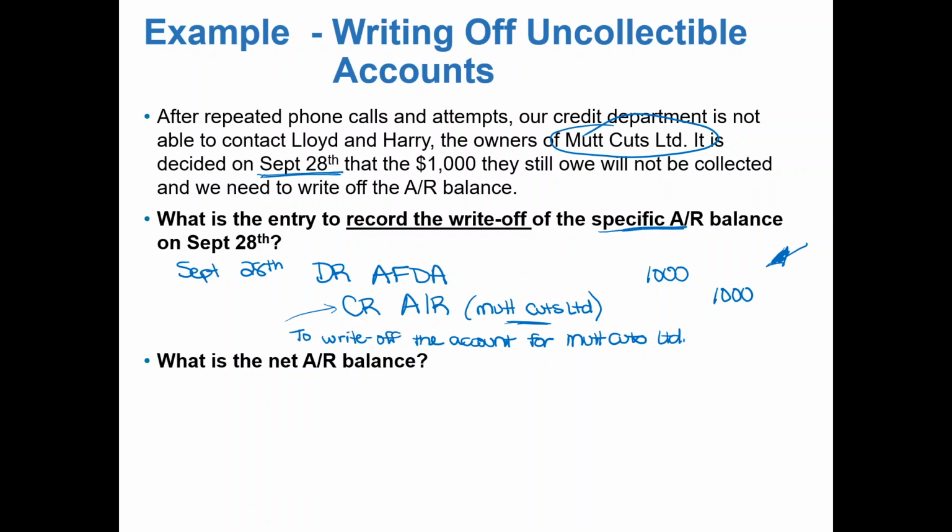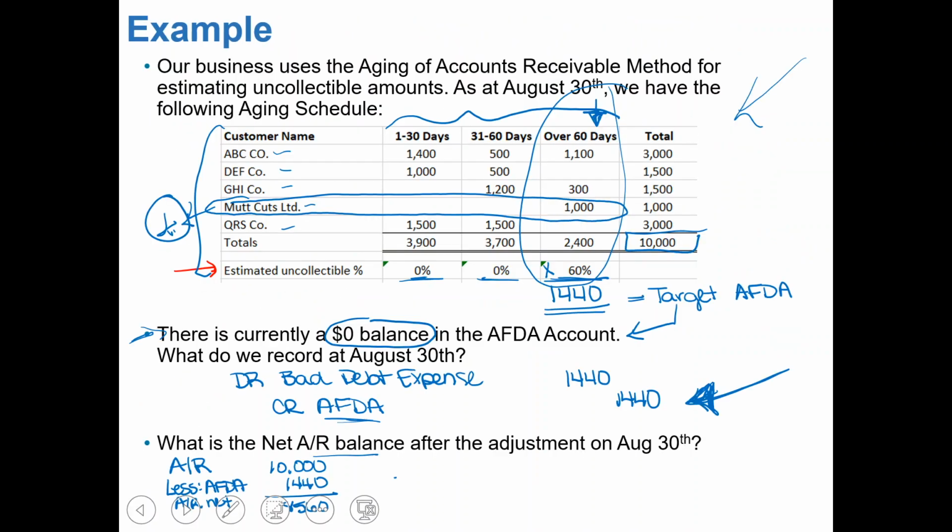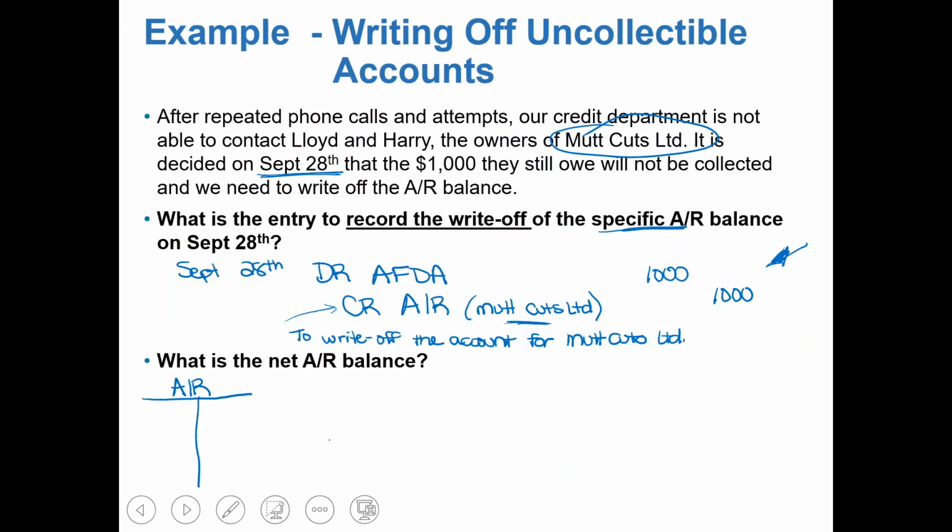Okay, so now we can figure out what is the net AR balance at September 28th. So once we've booked this entry. So if we take a look at our T accounts, well, our AR balance, we can see here was the $10,000. So we can put that in there.